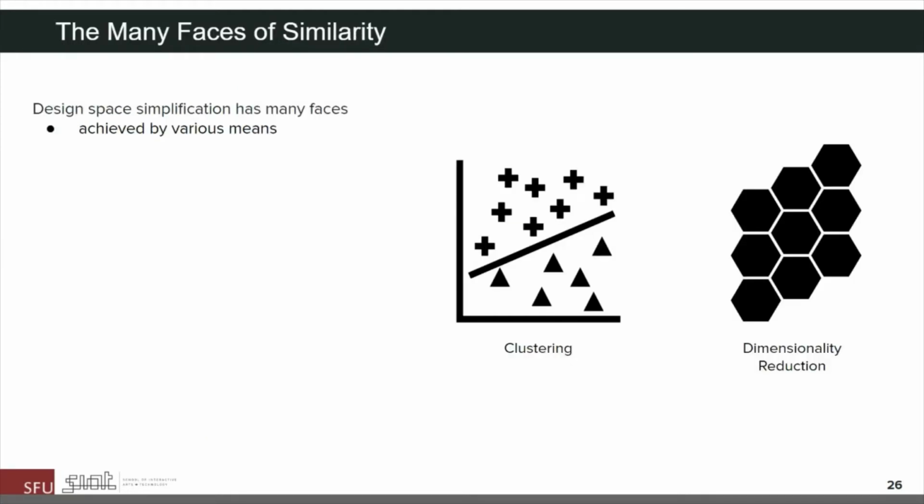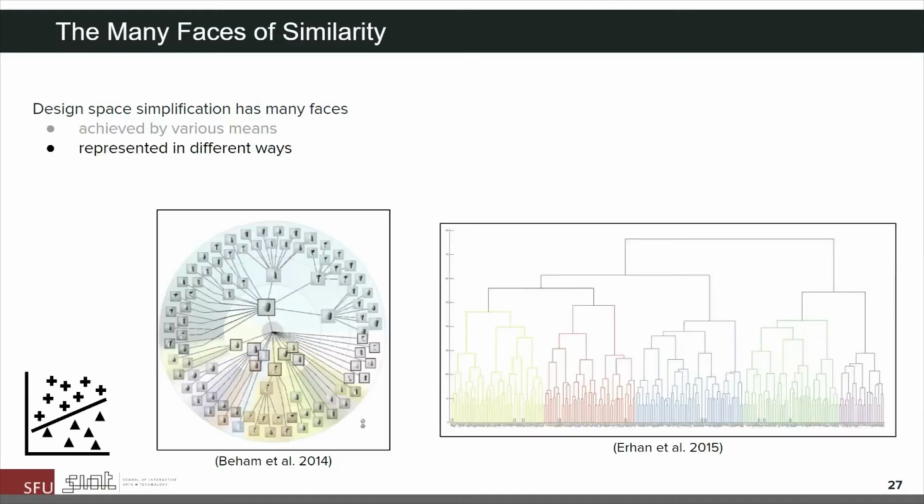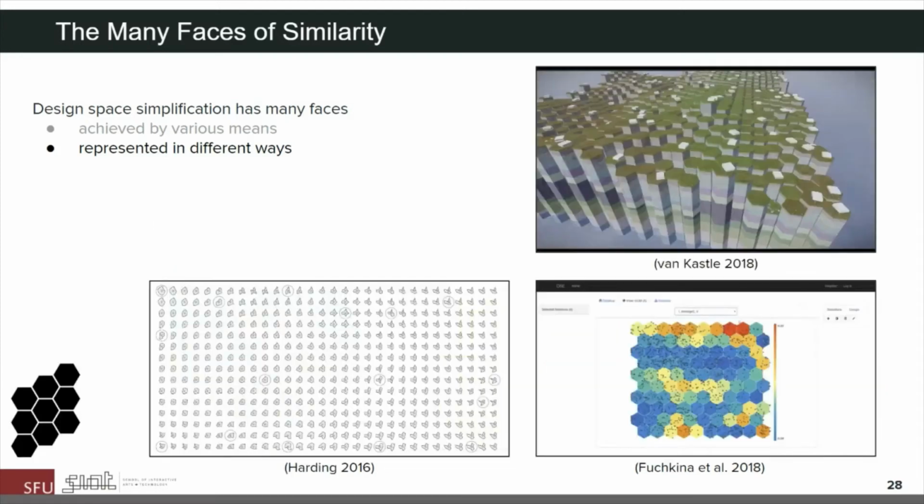And this is in the sense that it can be achieved by different means, like clustering and dimensionality reduction. It can be represented in different ways, like the different ways to represent the results of hierarchical clustering, or the different ways to create and represent the result of self-organizing maps.